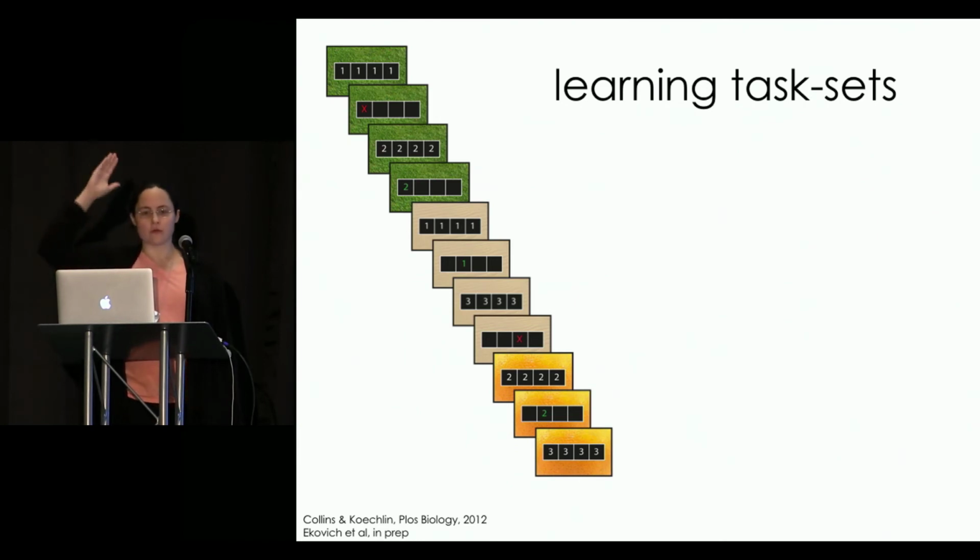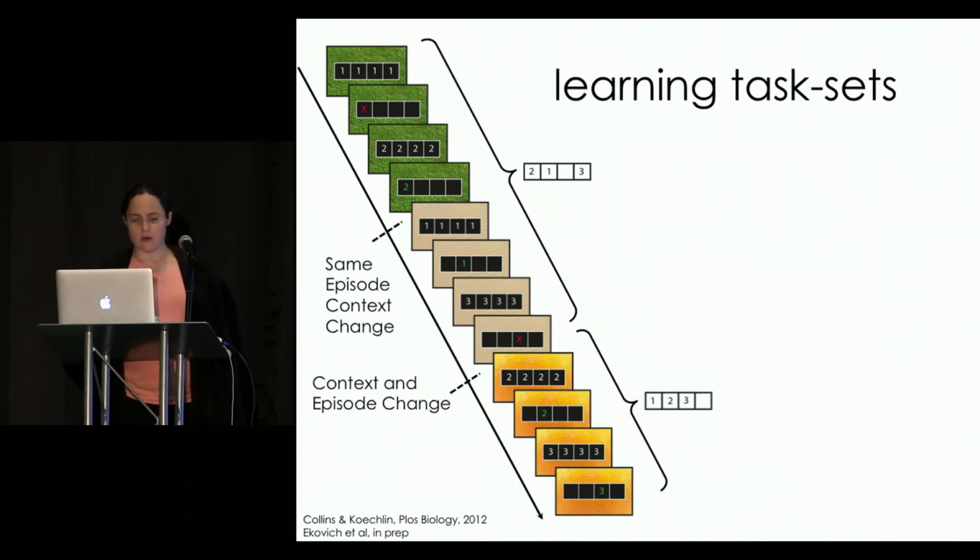So they would go through a lot of trials like this, and what we constrained was that the valid task set to learn about at a given point would sometimes change. Okay, so here, what would give them points, probabilistically, was picking those actions for those 3 stimuli, whereas in this new episode here, it would be picking those 3 actions for those 3 stimuli.